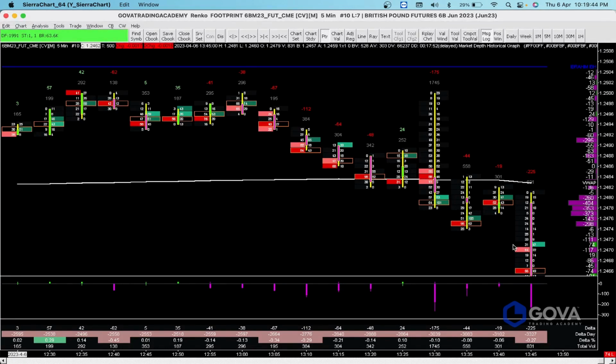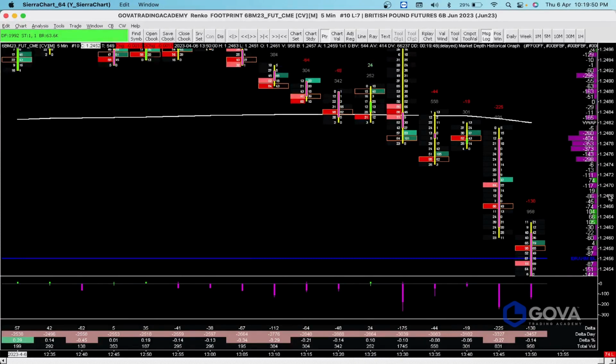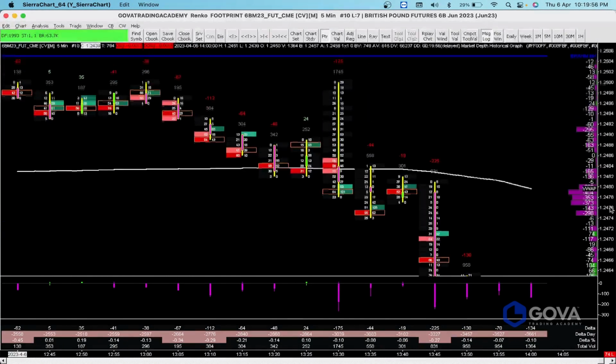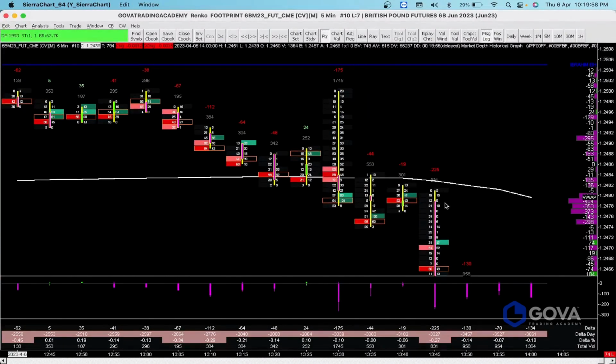Right now, look at it. You can see how price is dropping down massively. You can see from this area also, we have 44 sellers coming into the supply zone, 19 sellers coming into the supply zone, 225 sellers coming into the supply zone.